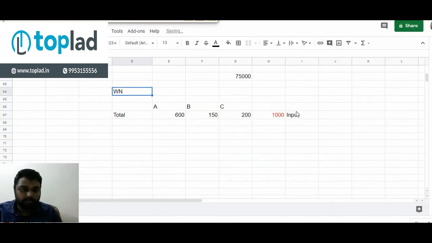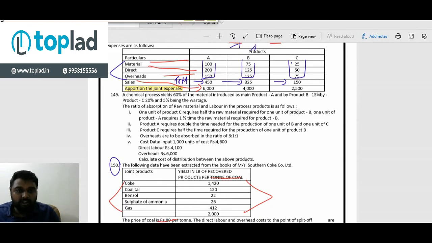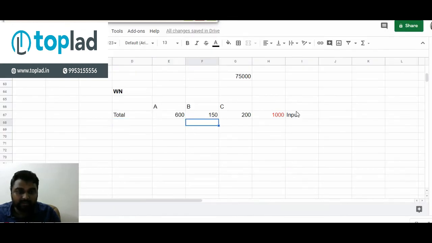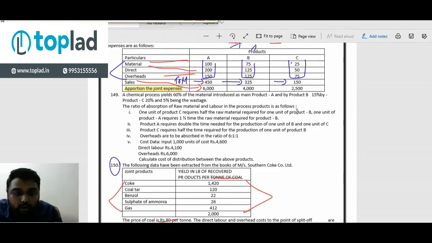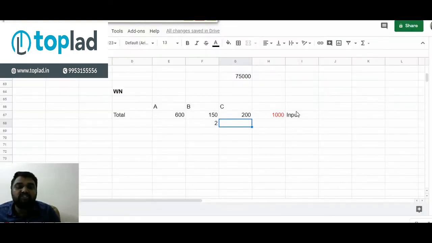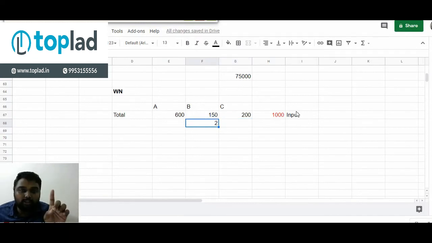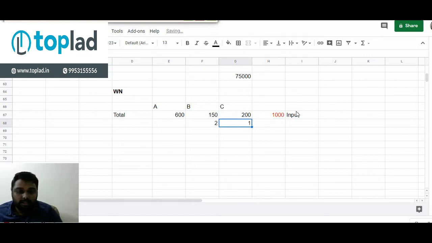What they tell in this case is that 1 unit of C requires half the raw material of 1 unit of B. So let's say B we make it 2. 1 unit of C requires half the raw material required for 1 unit of B, so if B is 2, half of it, C, will come to 1.